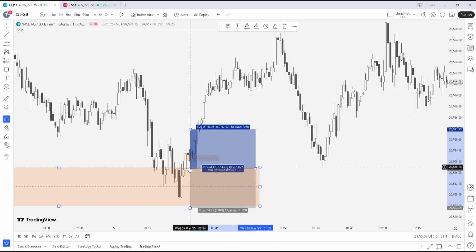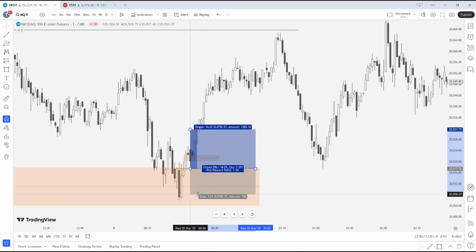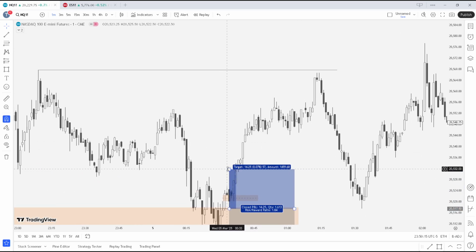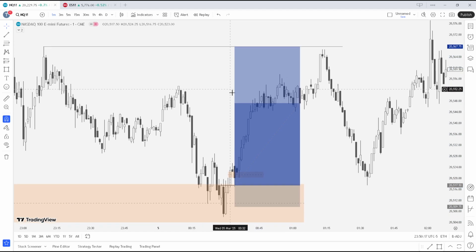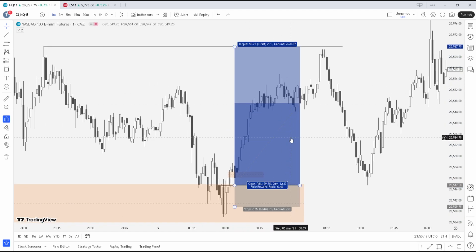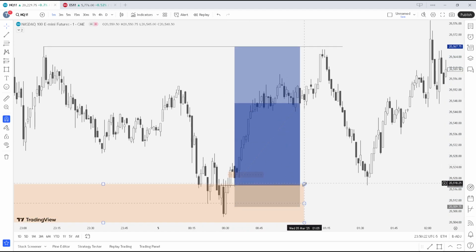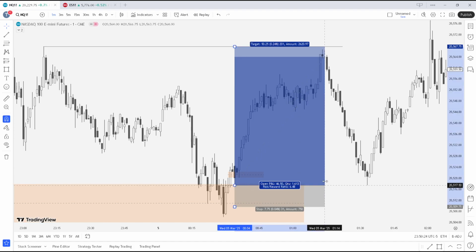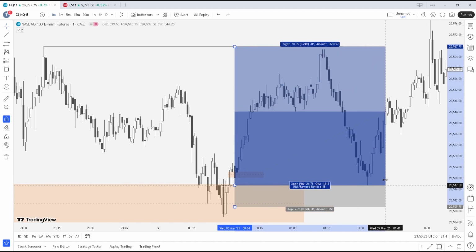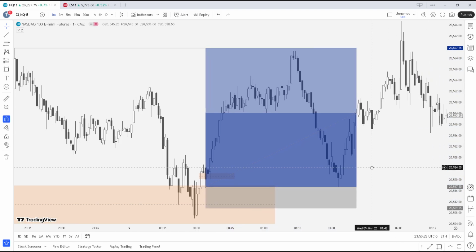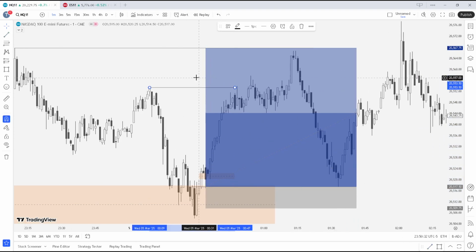If I took an entry down here, stop below the consequent encroachment, I think if I actually took this trade, I would put my TP up here. And then I would get stopped at break even after I take partials up here.